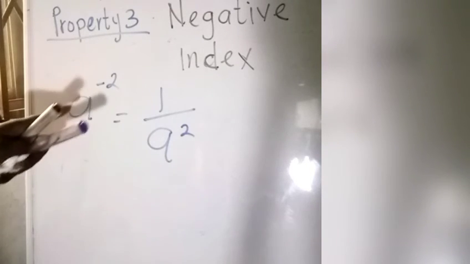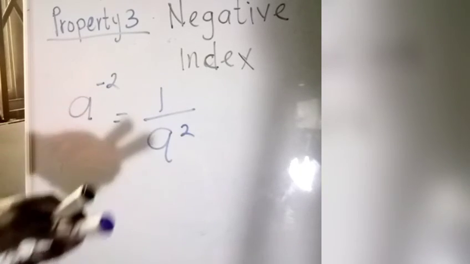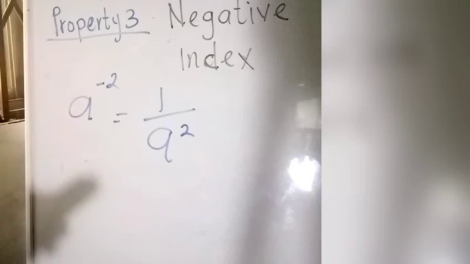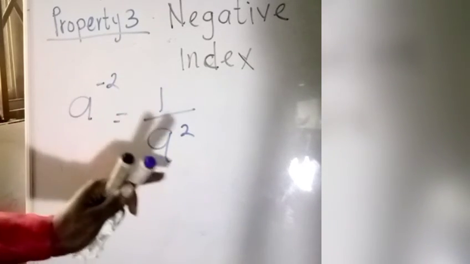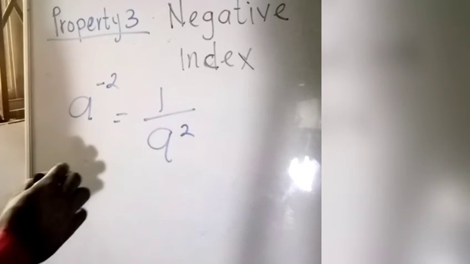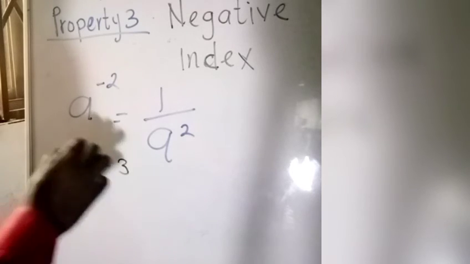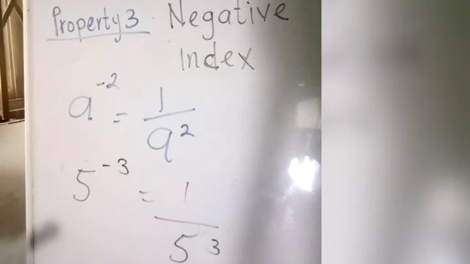Do you get it? When you have a number raised to the power negative exponent, you write the number as a fraction, but the numerator will be equal to 1, then you bring the same number but with positive exponent. So 5 exponent negative 3 is the same as 1 over 5 exponent positive 3.